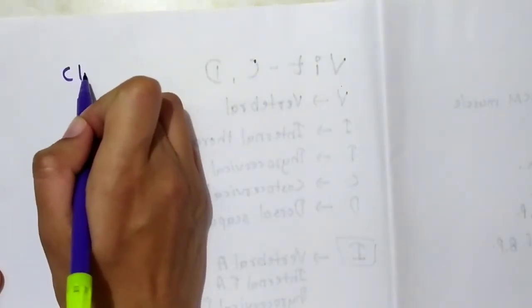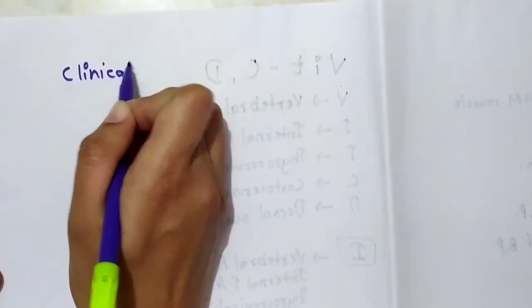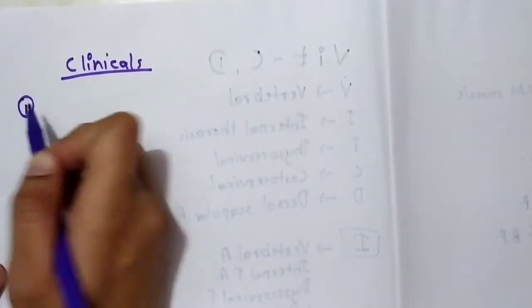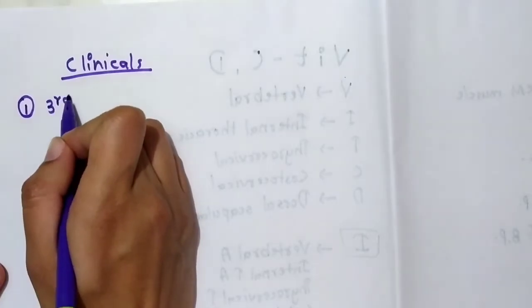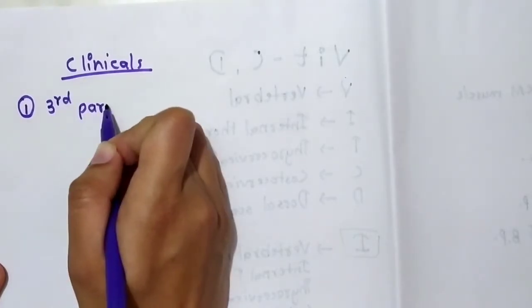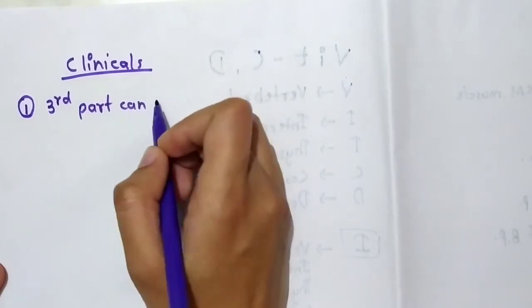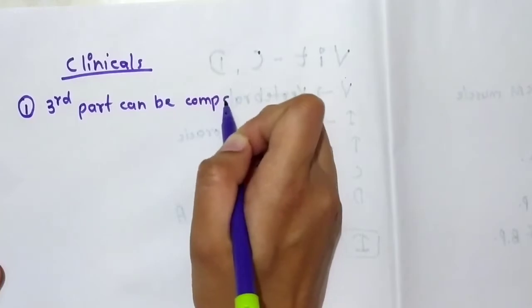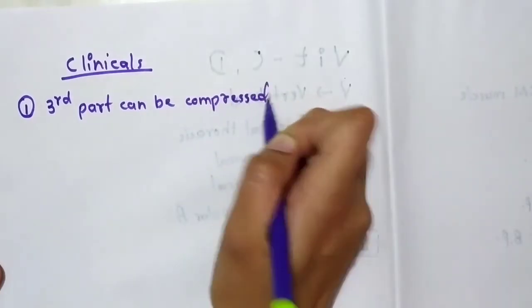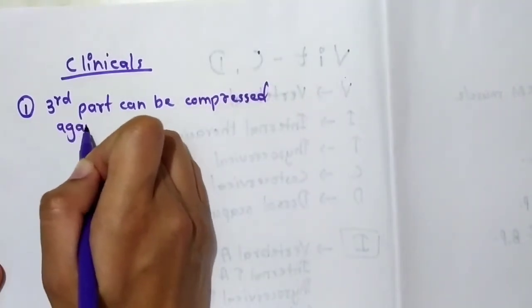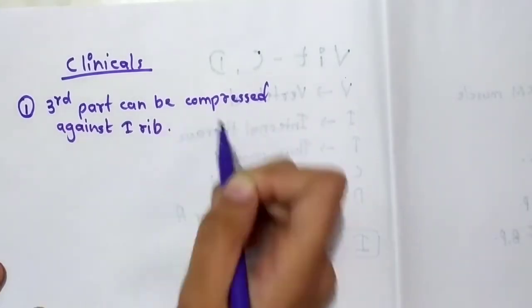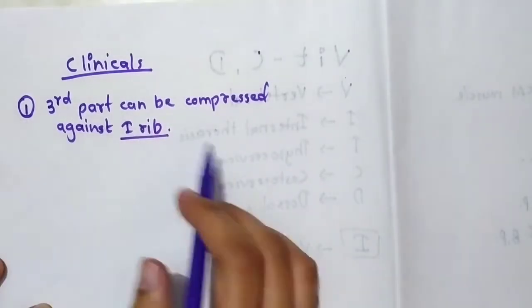Now we'll see some clinical points. First, the third part can be compressed against the first rib, because the first rib passes behind this third part.